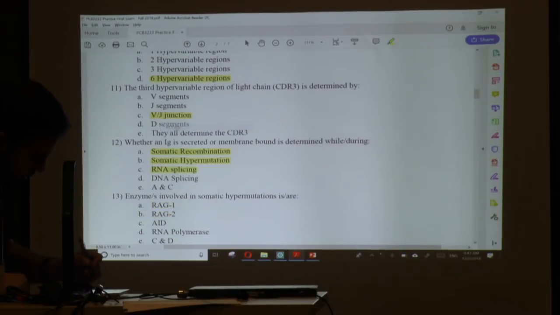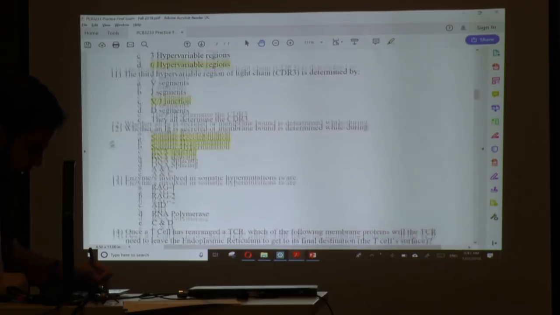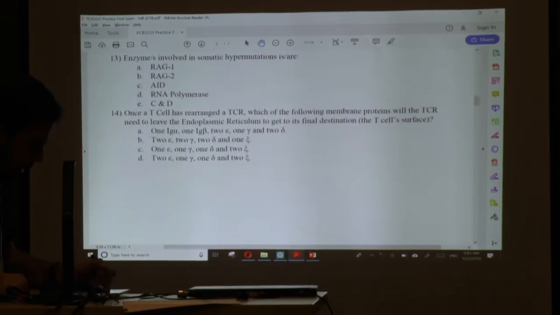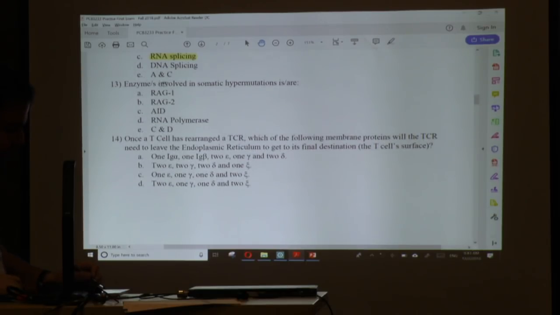All right, the next question is still talking about the B cell and BCR, but this time it's about hypermutation instead of recombination. It's asking which enzymes are involved in somatic hypermutation: RAG1 and 2, AID, RNA polymerase, C and D. Which one is it going to be?